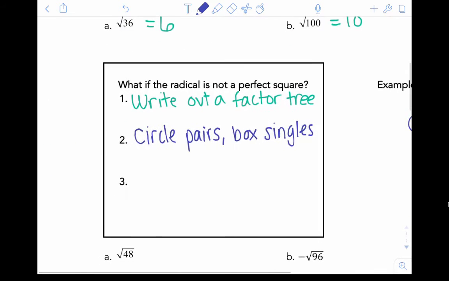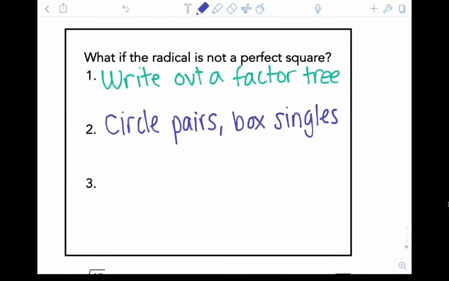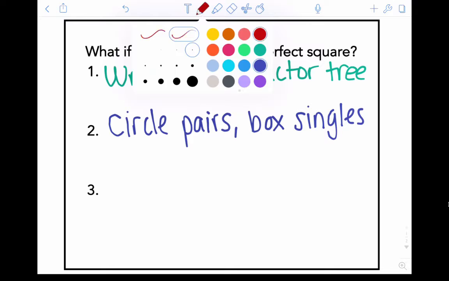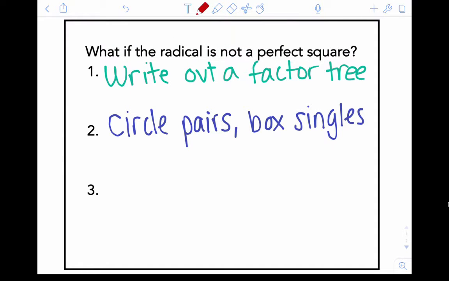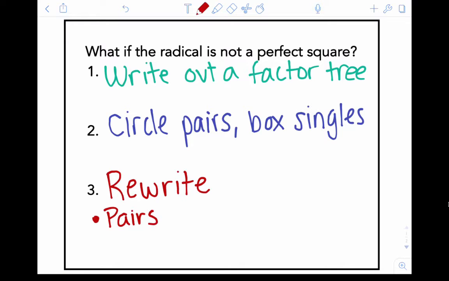Now going on to the third step, this is where I really need to attend to precision. This is where I need to be really careful with what I'm doing because I'm going to rewrite this as a different radical. I'm going to rewrite it as a different square root. When I do this, I have 2 different things that I'm going to be focusing on. The first one is that the pairs move out.